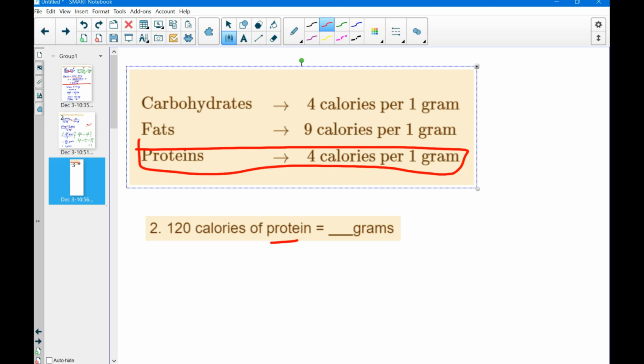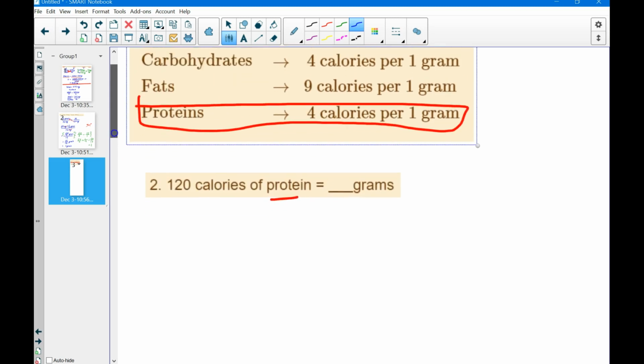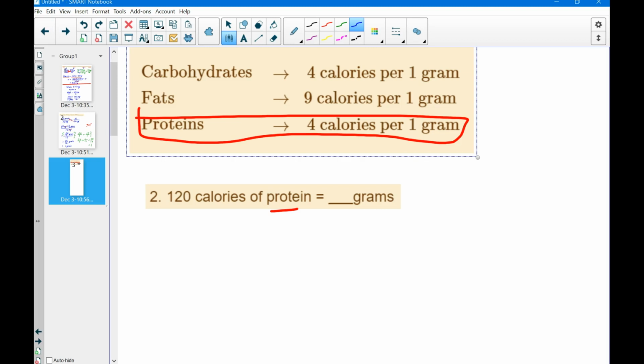So basically, you want to set up like we've been doing all along, which is a good thing to do because I like trying to keep things as consistent as I can. If you develop a pattern of doing something, it's easier to remember it than just doing it different every time. So down here, it'll look very familiar. I'm going to say 4 calories equals 1 gram.